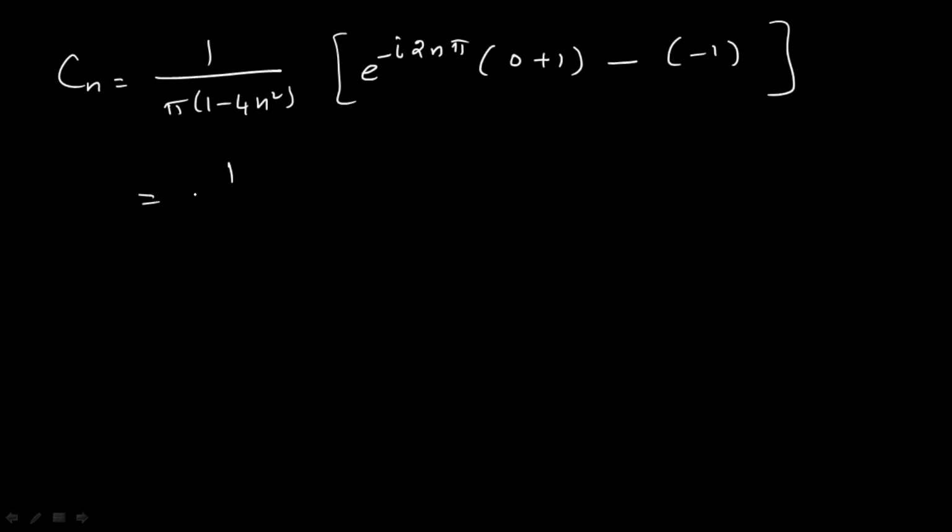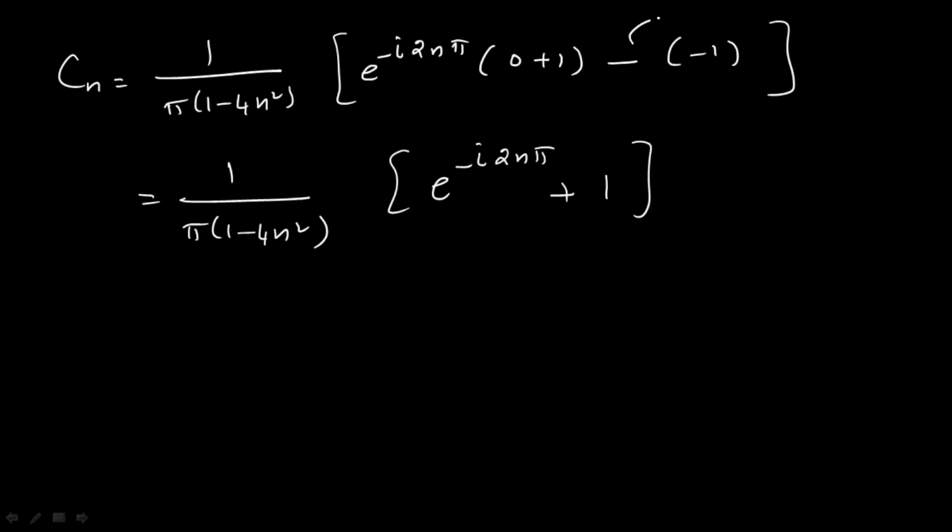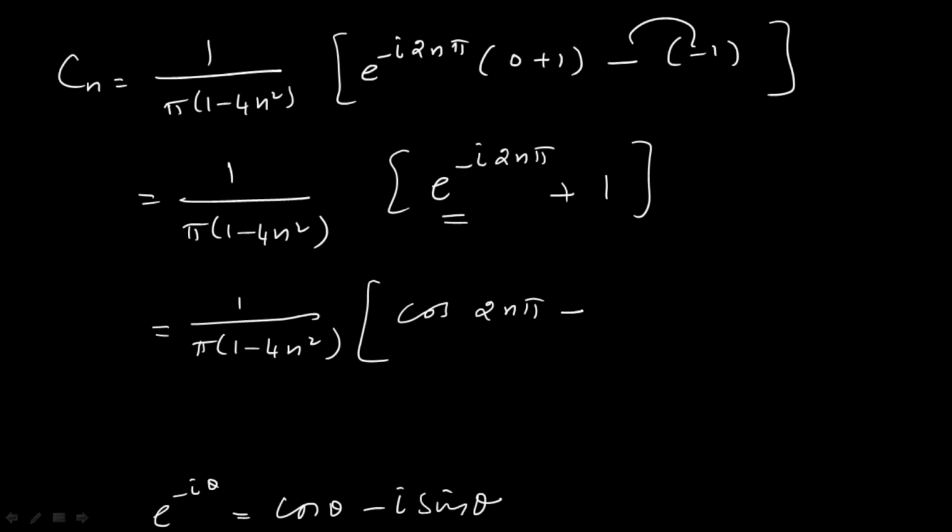So simplifying this, you get 1 upon pi of (1 - 4n²) of e^(-i2nπ) plus 1, isn't it? Minus and minus becomes plus. By expanding this, you know e^(-iθ) is cos θ minus i sin θ, so cos 2nπ minus i sin 2nπ plus 1.